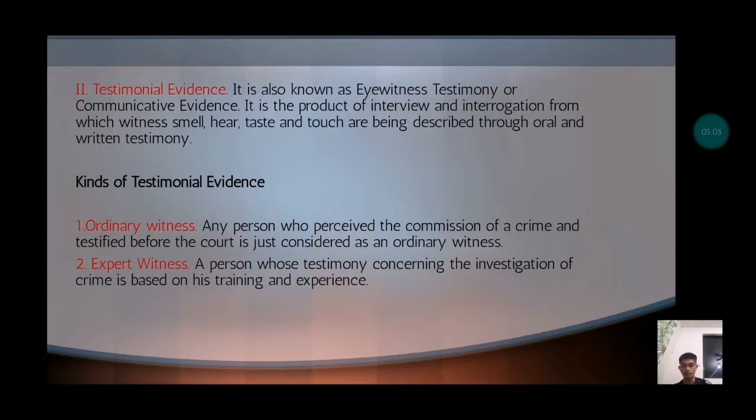It is a product of the interview and interrogations from which what witnesses smell, hear, taste, and touch are being described through oral and written testimony. It refers to a person's testimony offered to prove the truth of the matter asserted, especially evidence elicited from a witness. It is an oral or written assertion affirmed in a court as proof of the truth of what is being stated.